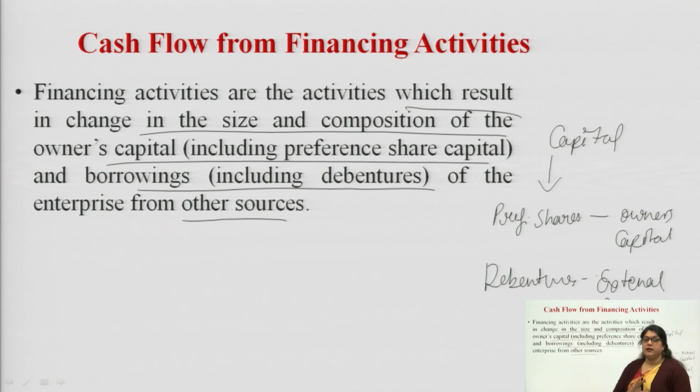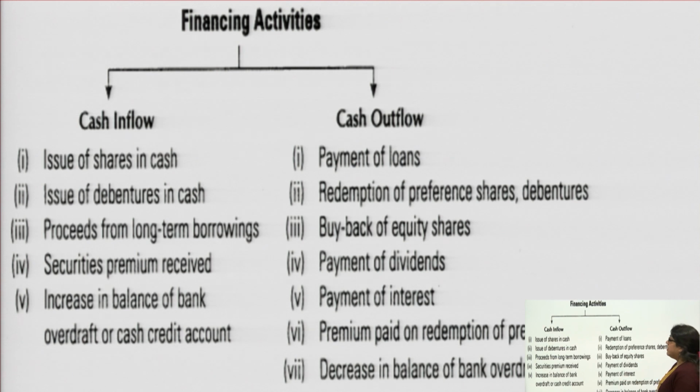Sometimes we call the composition of the equity, preference shares and debentures, the internal equities and the external equities. Your debentures are a form of loan, which is always known as external equities, but your shares are assumed to be your internal equities. This is the classification of the financing activities.